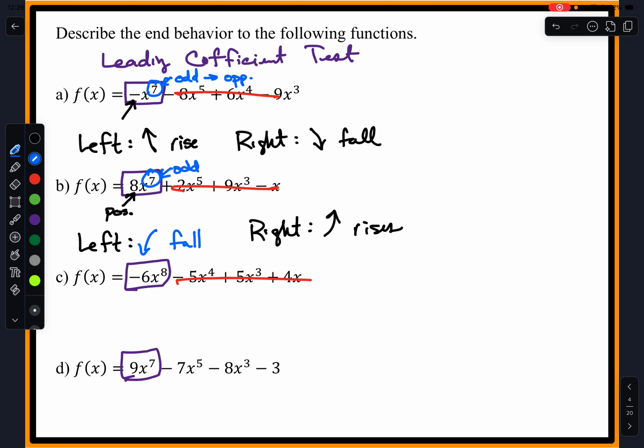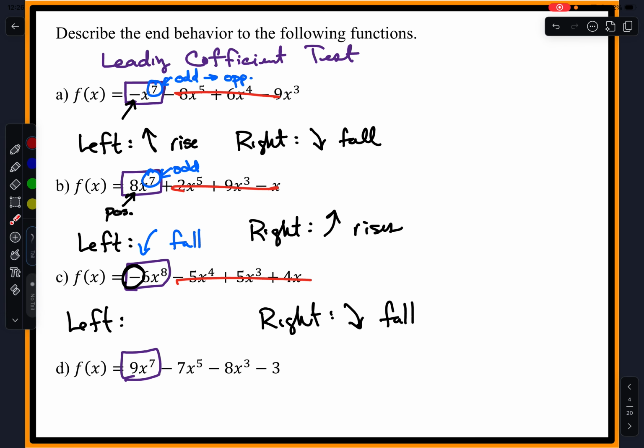So now let's look at the other 2 examples, example C and D. Similarly to example A, letter C, let me write this down first. Letter C is going to have the right side going downwards, falling. The reason for that is that the leading coefficient here is a negative number, -6 specifically, so the right side is going to go down, just like example A. Now what's going to happen to the left?